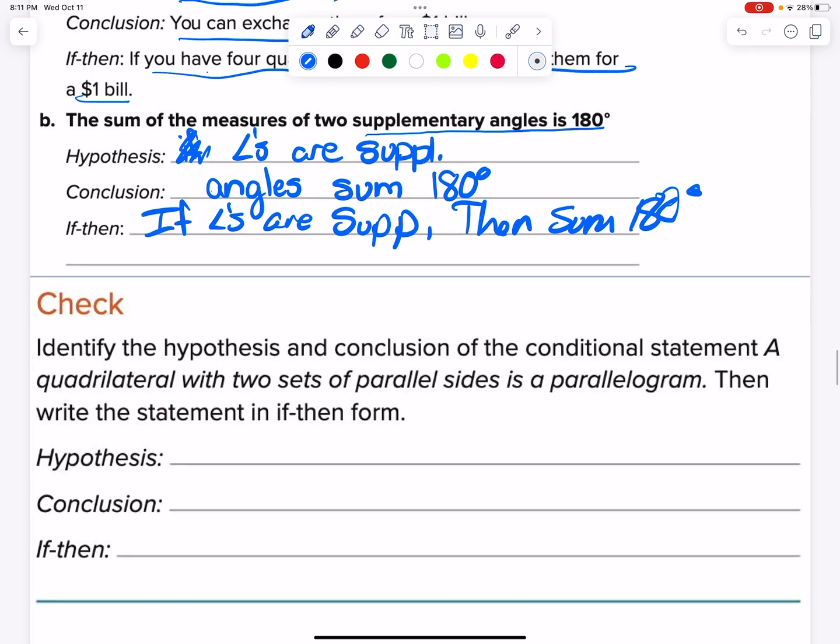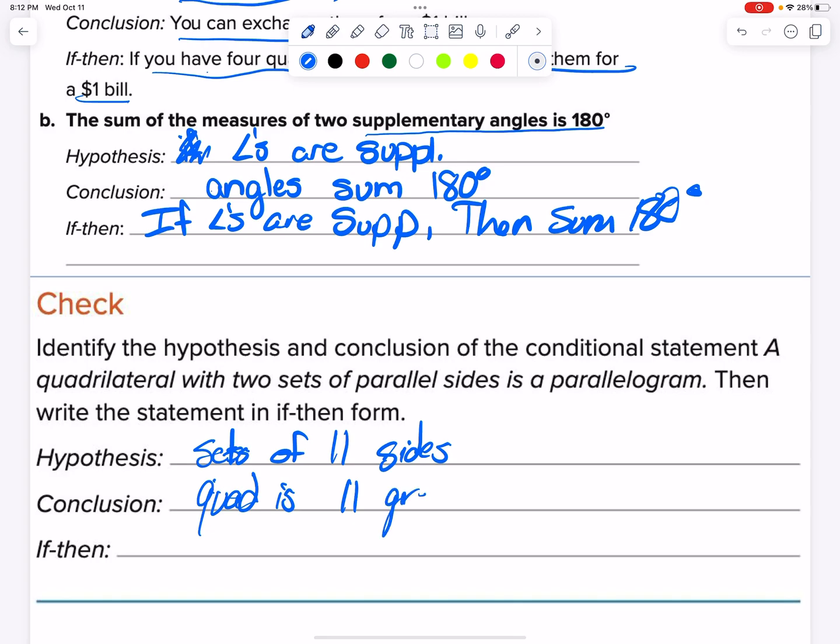I'm going to go quick because of time here. So the statement is a quadrilateral with 2 sets of parallel sides is a parallelogram. So it sets of parallel sides, and then it says quad is parallelogram. Again, that's not an 11, that's parallel lines there.